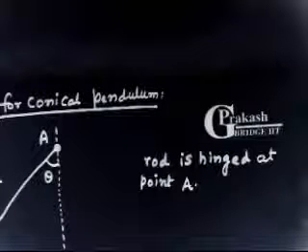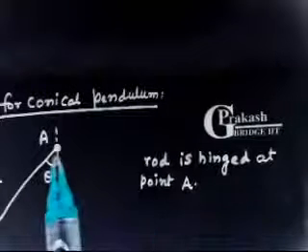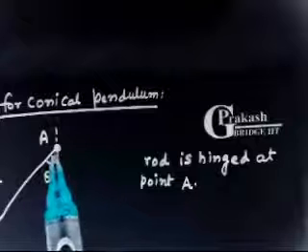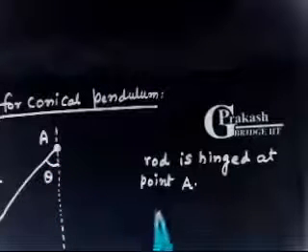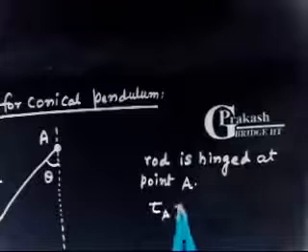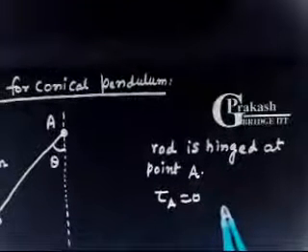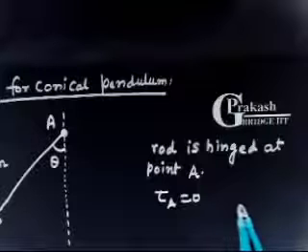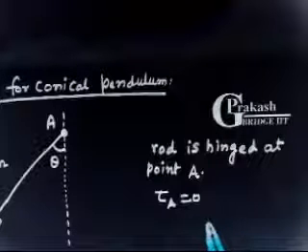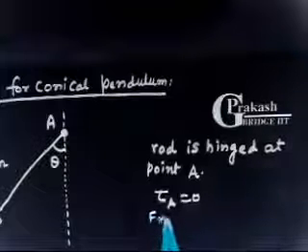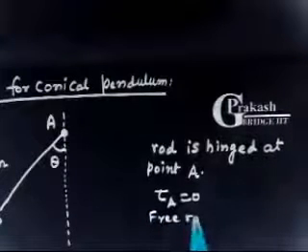This means there is free rotation about A. So there is no torque acting, no moment acting about A. So I can say torque about A is 0, because this is a hinge, and a hinge has the property that it cannot apply any torque. So torque about A is 0. That is, free rotation about A is permissible.